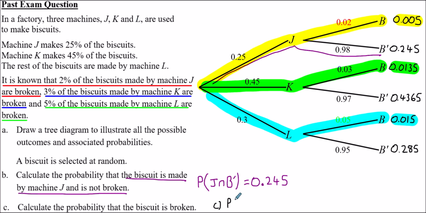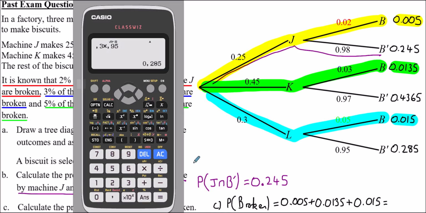So for part C, the probability the biscuit was broken, that's just going to be 0.005 plus 0.0135 plus 0.015. If we add these together on the ClassWiz, we're done.